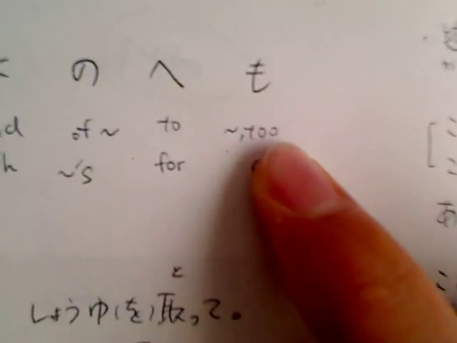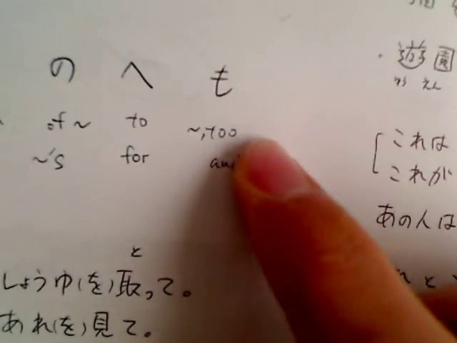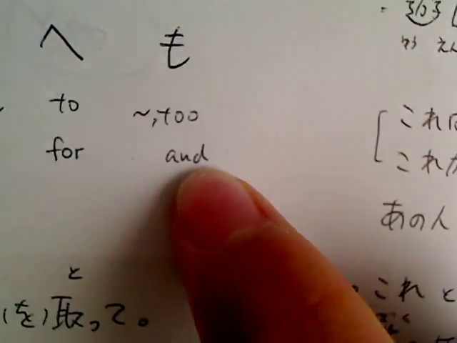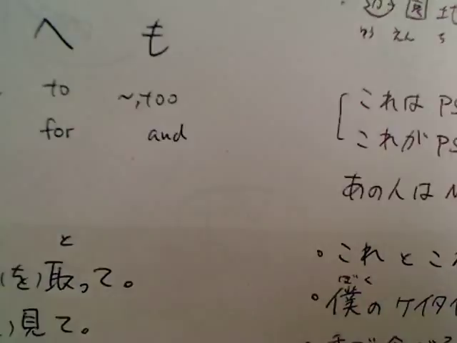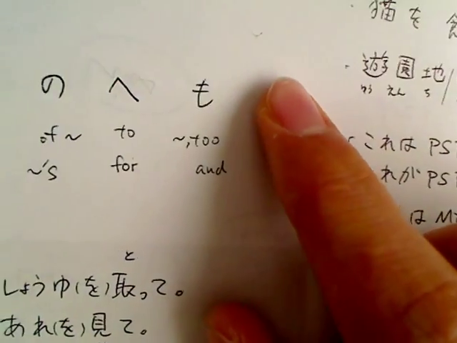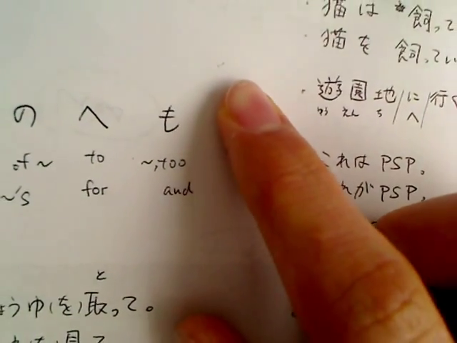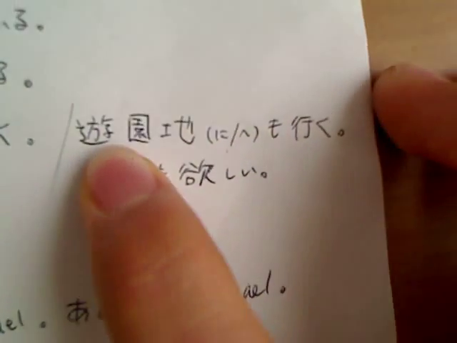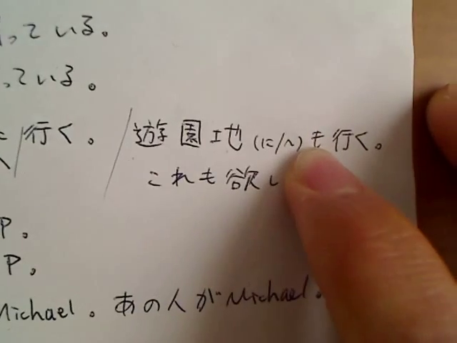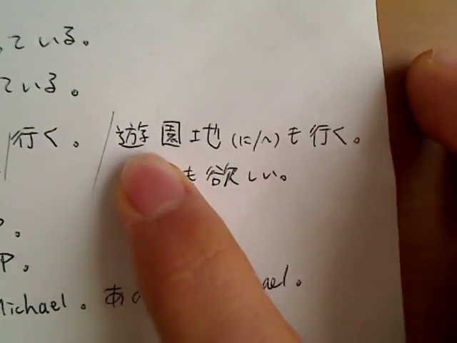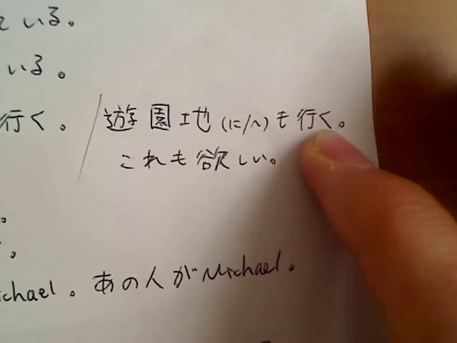And も, it's also blah blah blah too, like me too, I like it too, and also and. I like it and she likes it. 俺も好きだし、俺は好きだし。遊園地にも行く。You go to somewhere else and also 遊園地。You go to 遊園地 too.